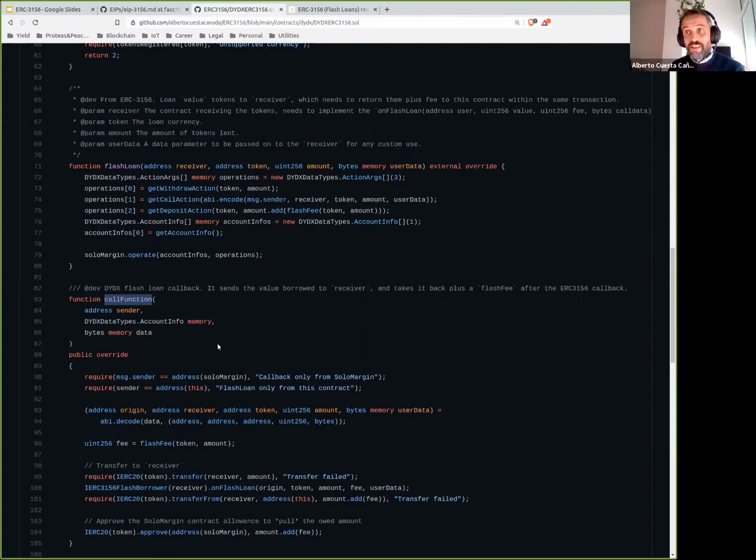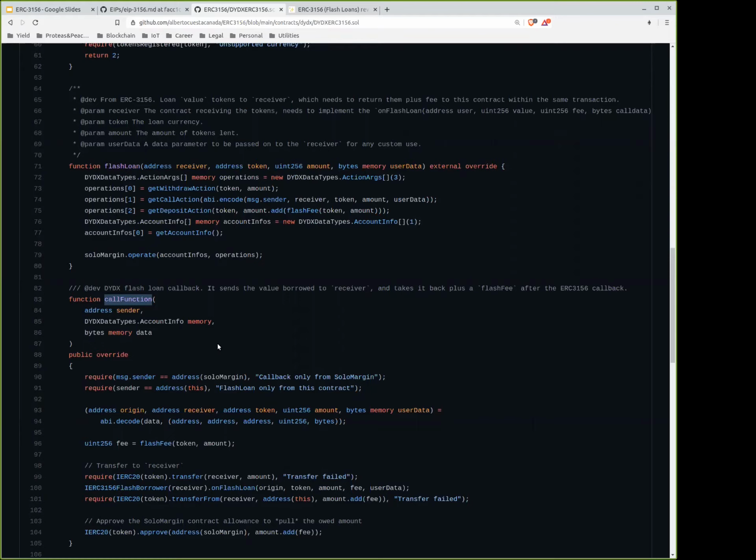But when you call me, I need to know what I asked you the flash loan for. So DeFi Saver says to Aave, give me all this cash, and when you call me back, tell me that it is to move assets from Compound to Aave, or Compound to whatever. I see. Interesting.